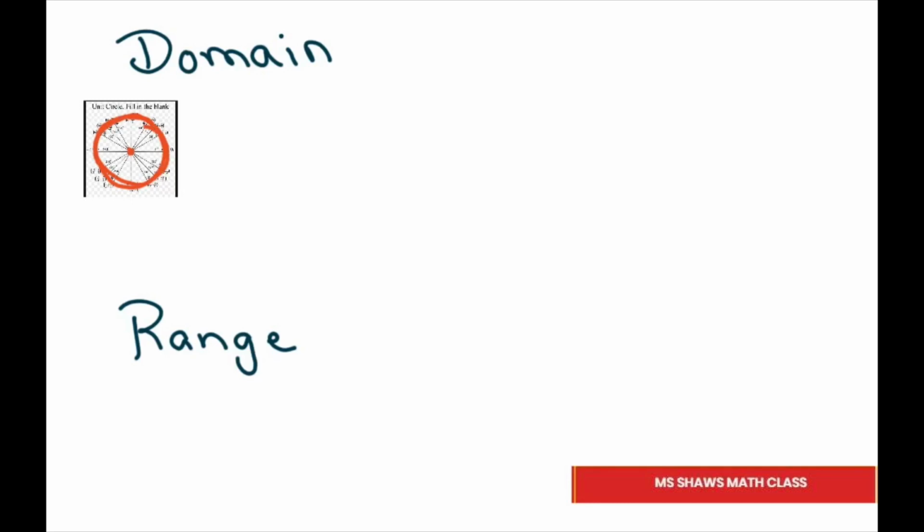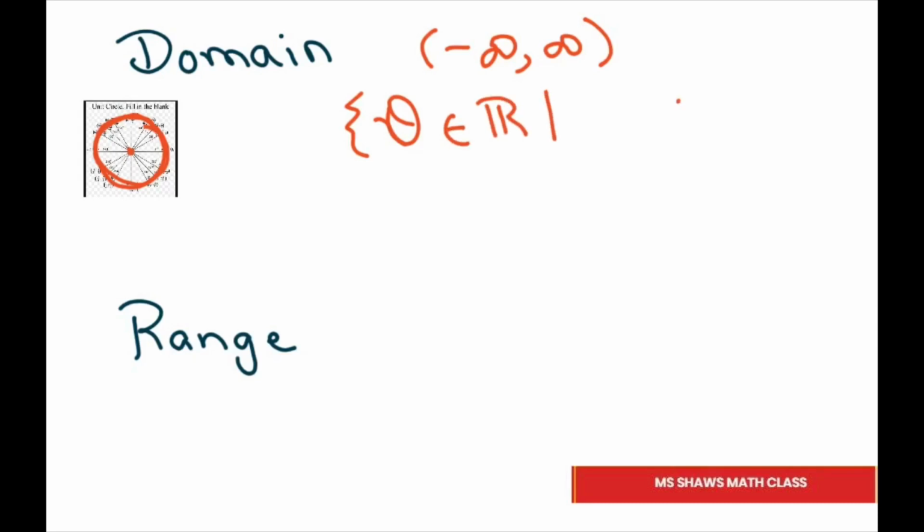So your domain in interval notation would be negative infinity to infinity. In set notation, you could say theta belongs to all real numbers such that theta is in between negative infinity and infinity.